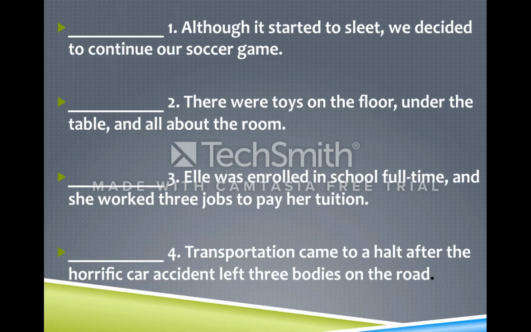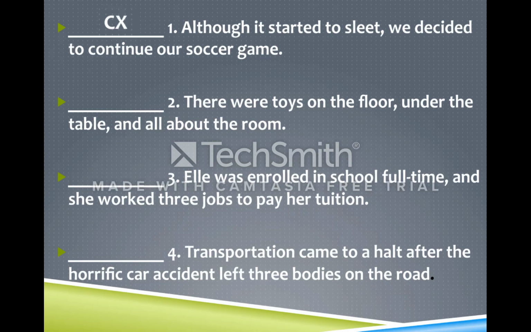If you remember, then you may realize that although it started to sleet is a dependent clause that acts as an adverb. And the clause we decided to continue our soccer game is independent, and therefore this sentence is complex. So you should write the letters CX.